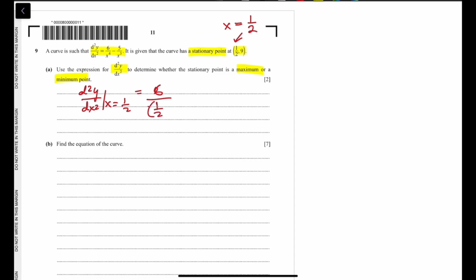So 6 over a half to the 4 minus 5 over a half cubed equals 96 minus 40. This is equal to 56. 56 is greater than 0. If the second derivative is greater than 0, that means we have a minimum point.